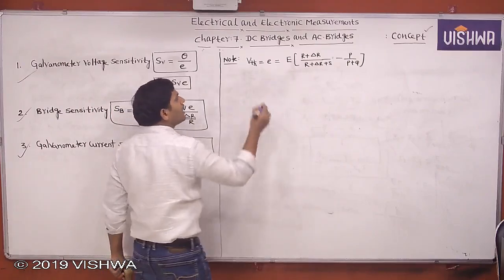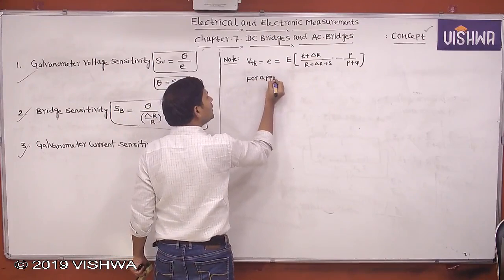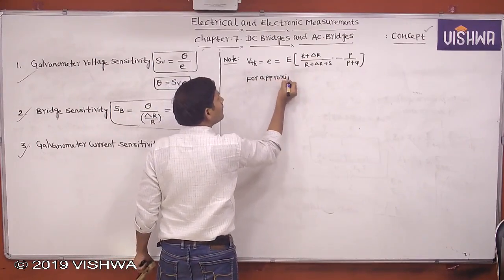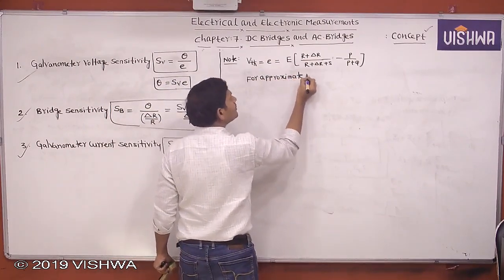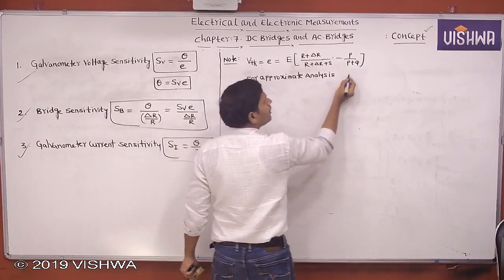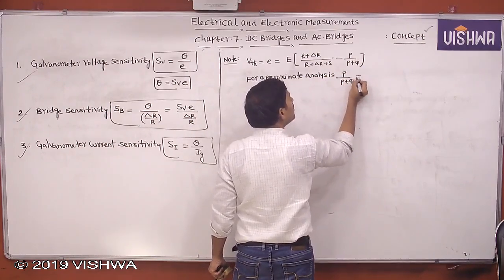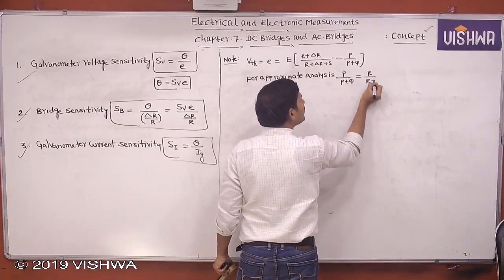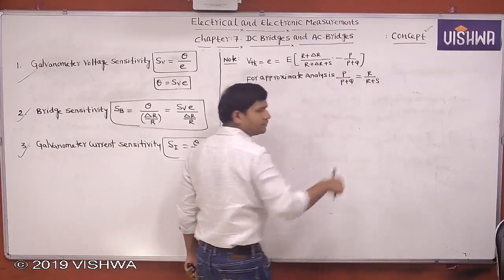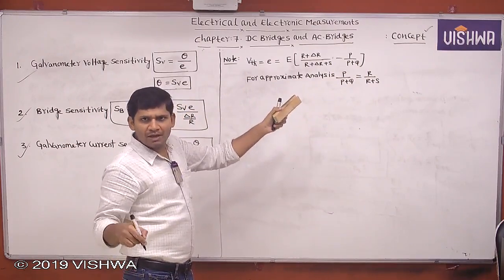For approximate analysis, we replace P by P plus Q with R by R plus S. This condition I derived under the assumption of the balance condition.